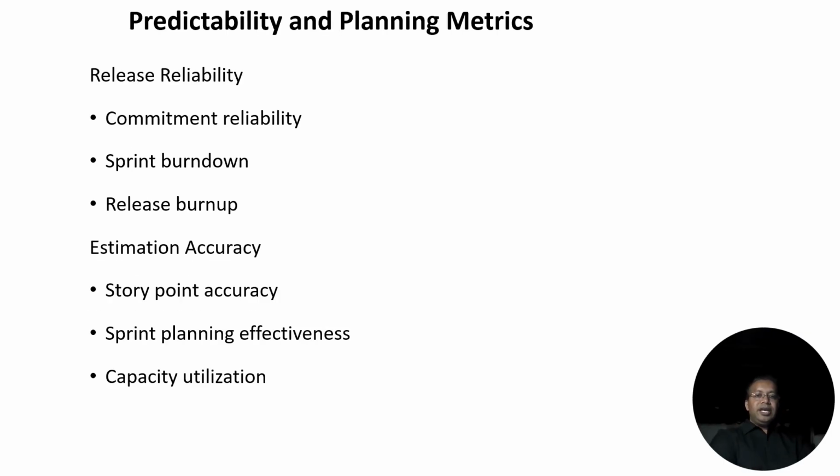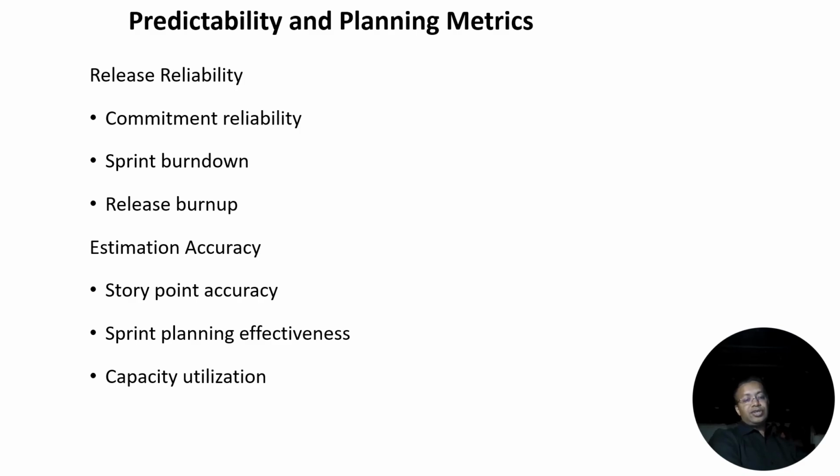Now, predictability and planning metrics, I think that's a very important metric that agile leaders are always thinking about, because they look at a term called release reliability. In simple terms, running reliable services requires reliable release processes.